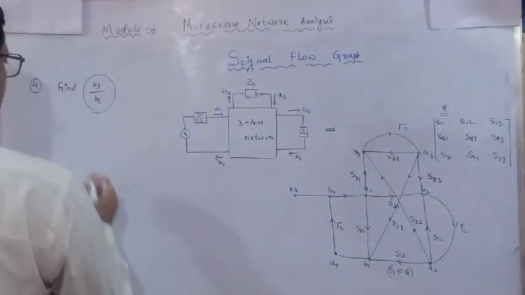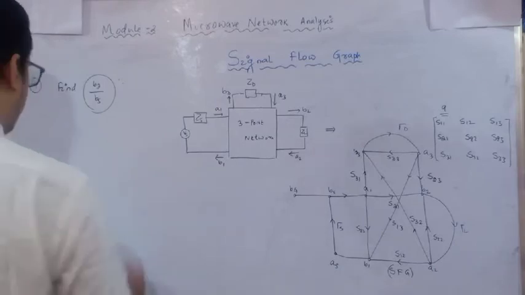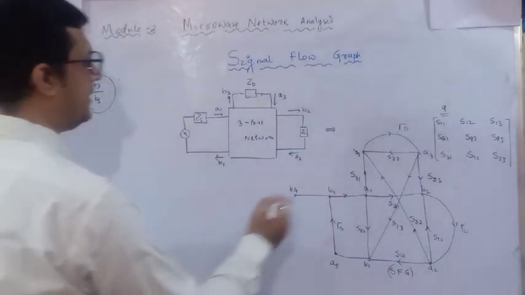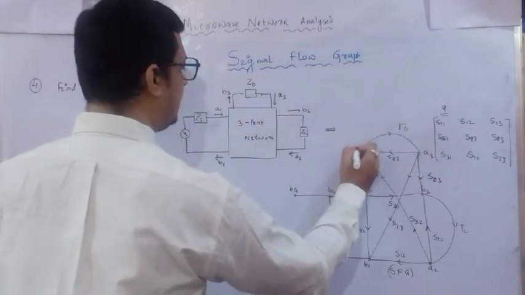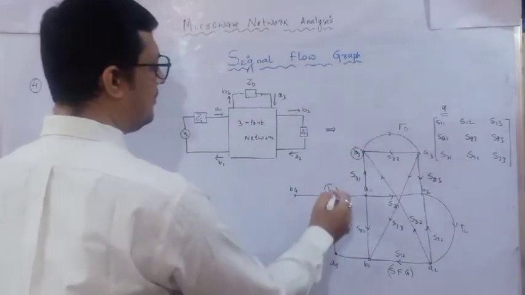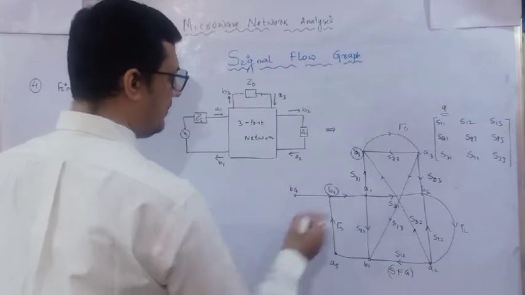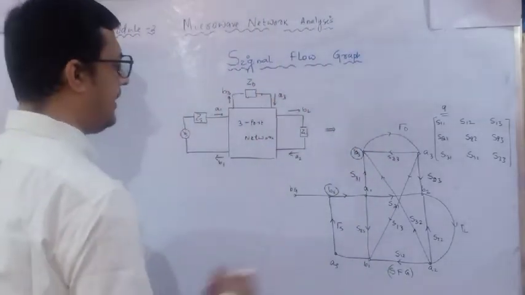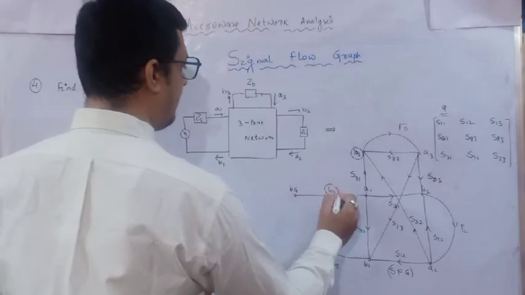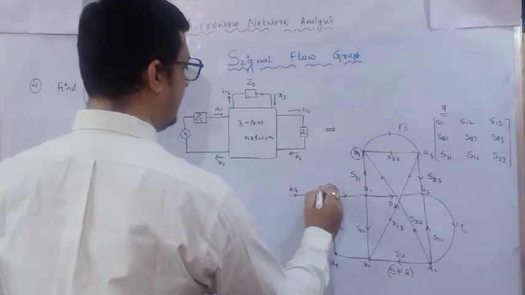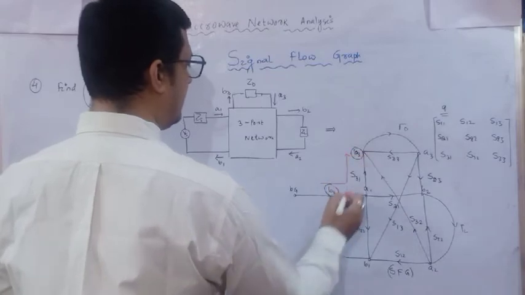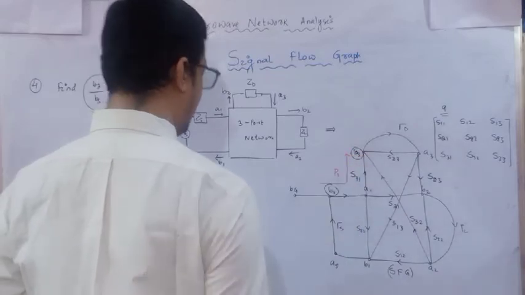First, there are two forward paths with respect to B3 and BS. So you can see two forward paths are identified. One is from B3 to BS, the path is like this. So this is the first forward path, path 1.